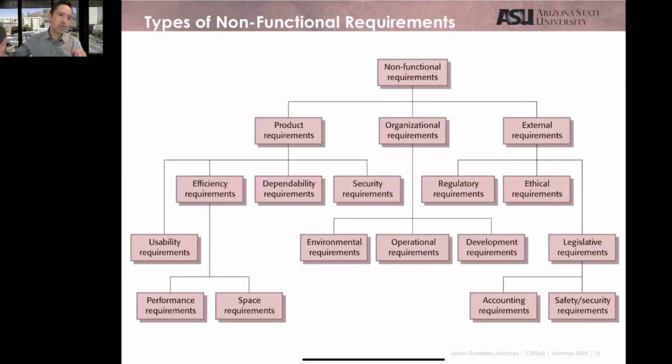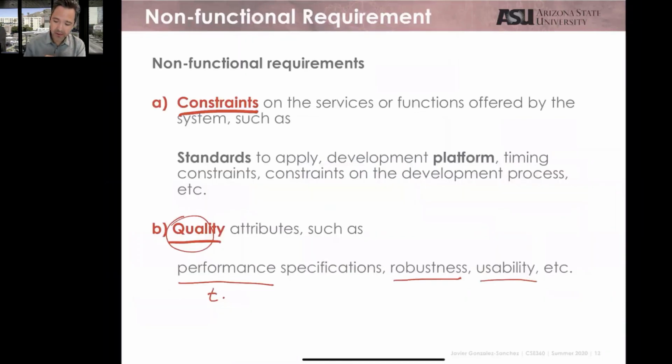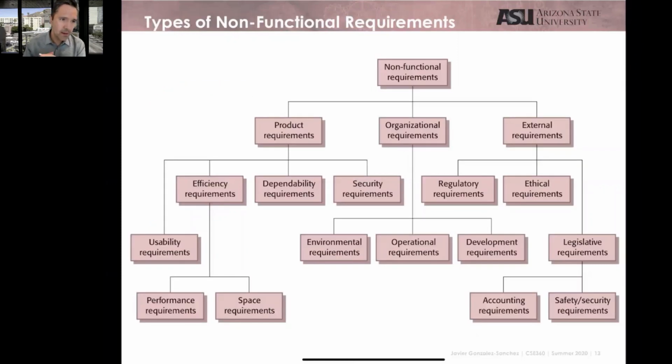This is a full picture that shows everything that could be a non-functional requirement. For instance, talking about constraints. What if I ask you, your final project is going to be using the Java programming language? Is that a requirement?